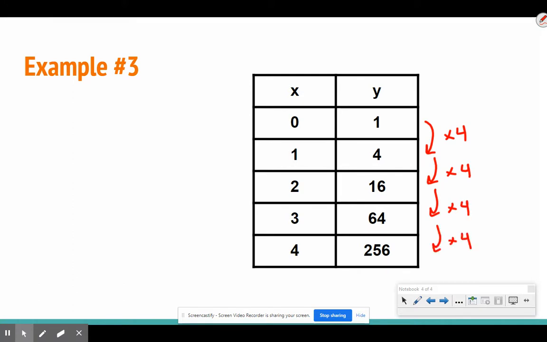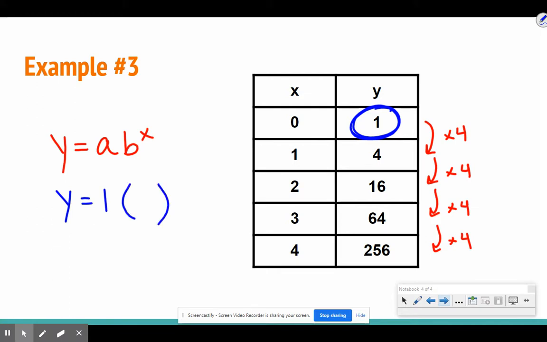So I'm going to know it's going to be exponential. My starting value in this case is 1. So I have y equals 1. My growth factor is 4, because that's what I'm multiplying by, and then to the power of x. So check that yours looks like this.